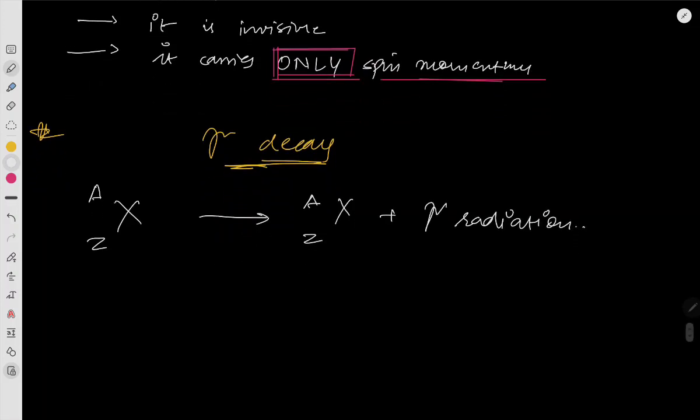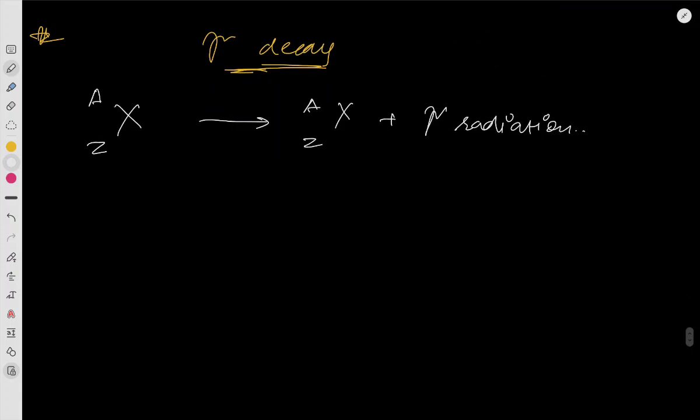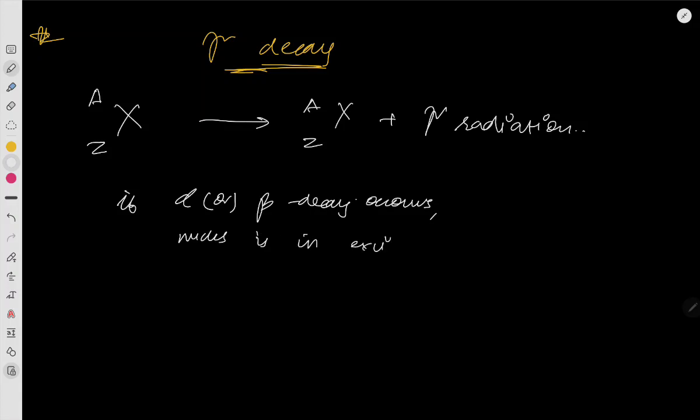There is energy evolved in the form of radiation, and if any type of decay occurs, then gamma decay occurs compulsorily. So what does this gamma decay mean? If alpha or beta decay occurs, that means that the nucleus is in an excited state.